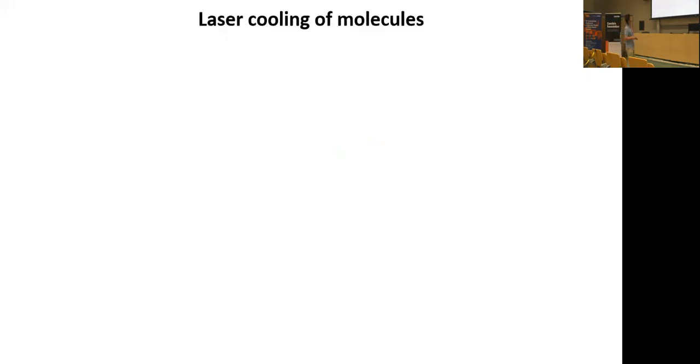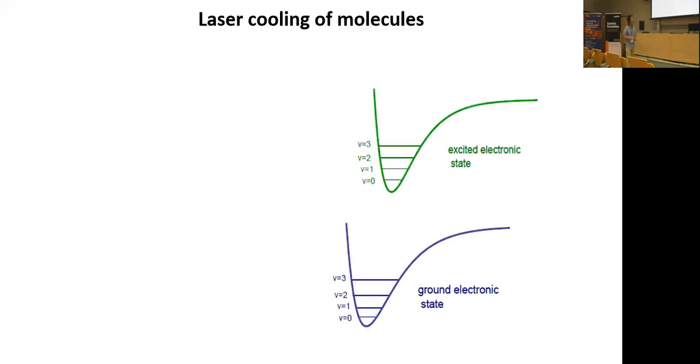Okay, the next technique is laser cooling. I'd say laser cooling of molecules is much more difficult than that of atoms. To make laser cooling work, we have to have a closed cycling loop. Here I show you the interatomic potential energy of the molecule in the ground electronic state and excited electronic state with their vibration levels.